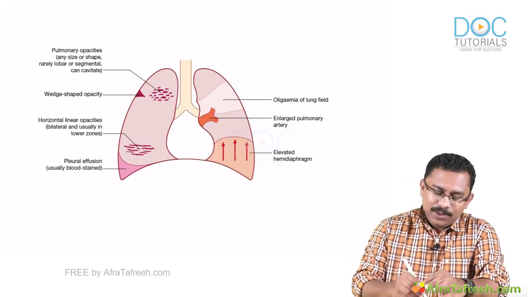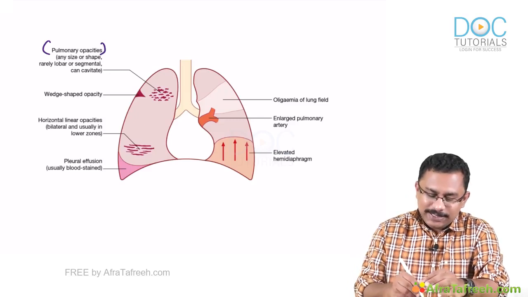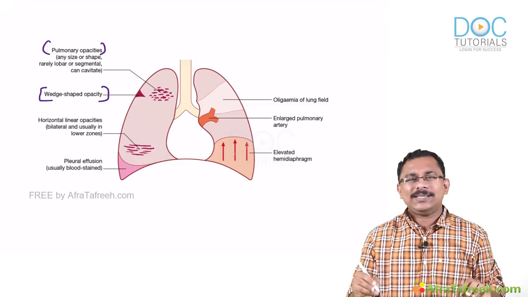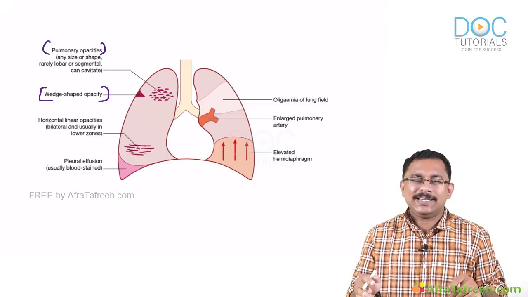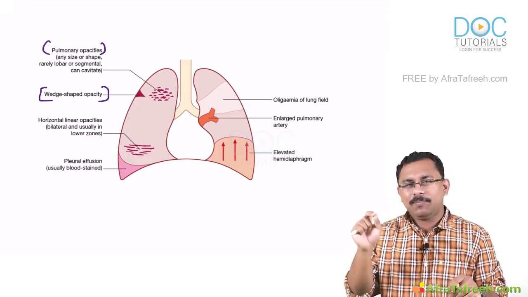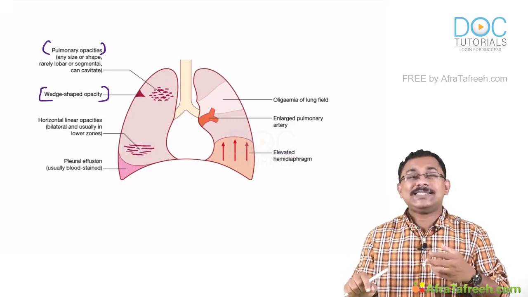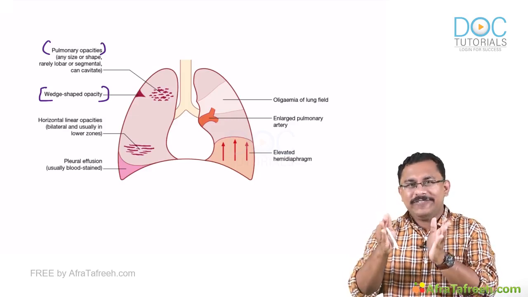So just see, you may get pulmonary opacities, and sometimes which can be scattered pulmonary opacities, or sometimes you can have a well-defined wedge-shaped opacity. That is, when there is a clot in any of the smaller pulmonary vessels, distal to the clot there can be an infarct, which you call as the pulmonary infarct, which may develop into the form of a wedge.